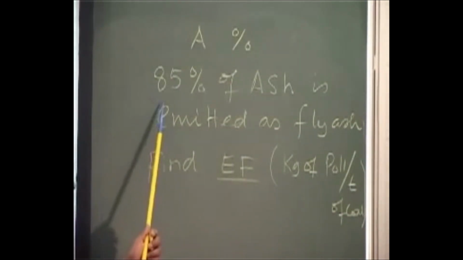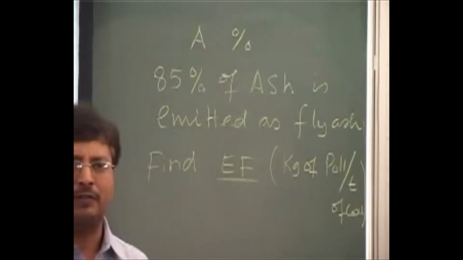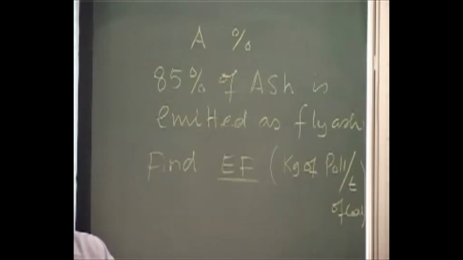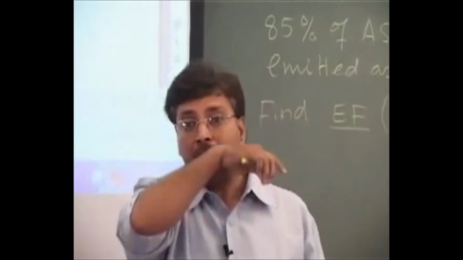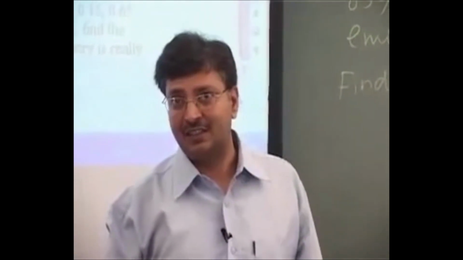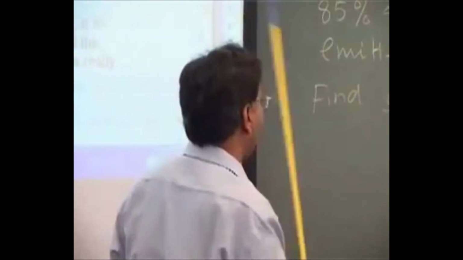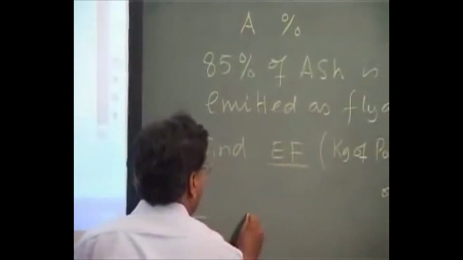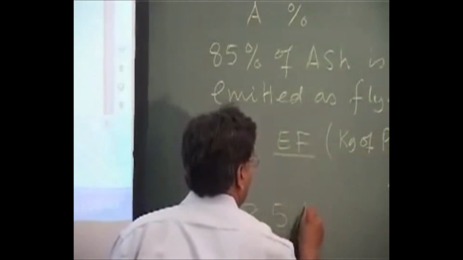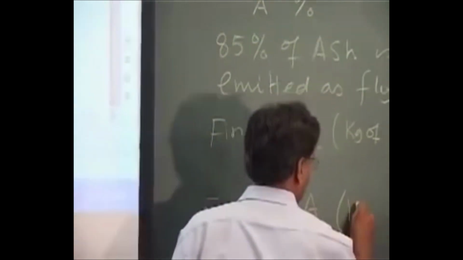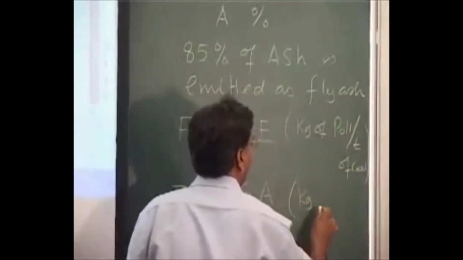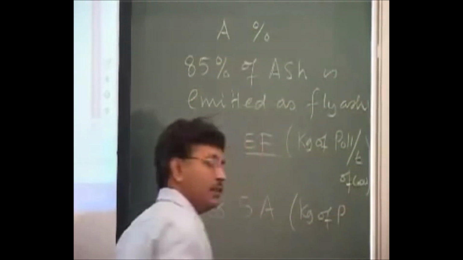Why am I writing 85%? You might slightly remember that when you burn coal, two types of ash come out. One is fly ash that goes up through the chimney, and there is bottom ash which falls at the bottom of the boiler, and generally the bottom ash is about 15%. The same way we developed the factor, I am not doing the calculation, this will come out as something like A, where A is the percentage of ash, kg of ash coming out as particulate matter.